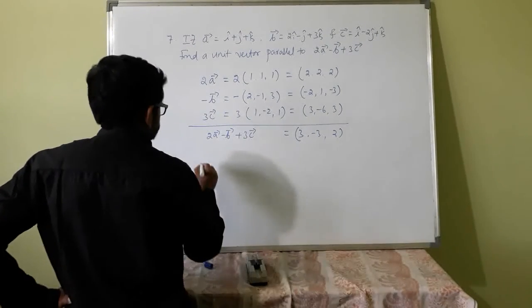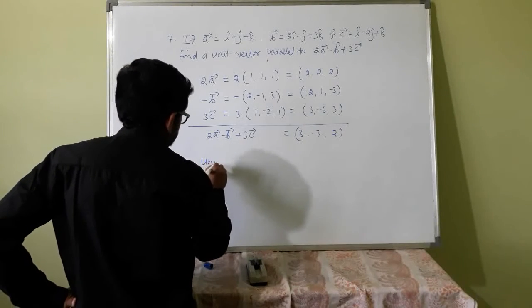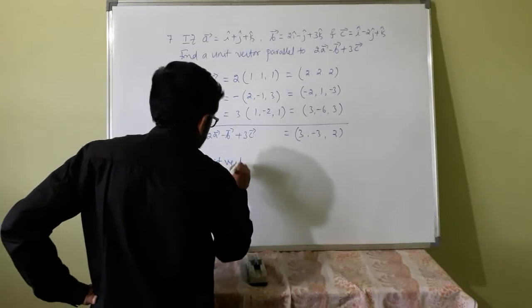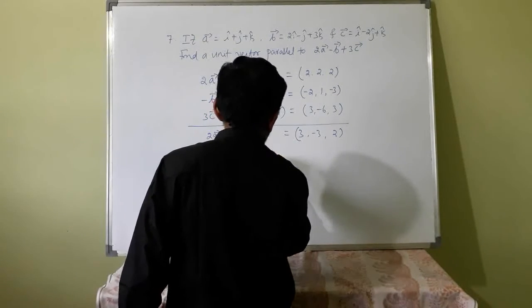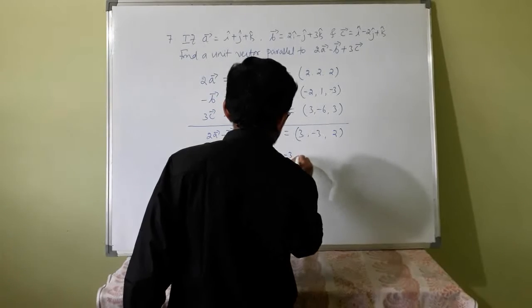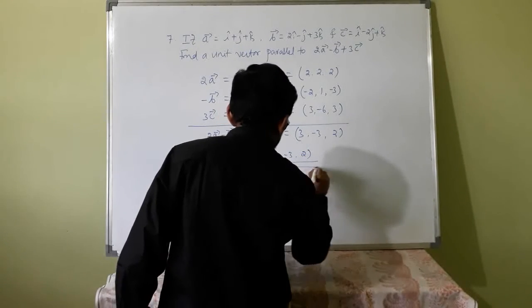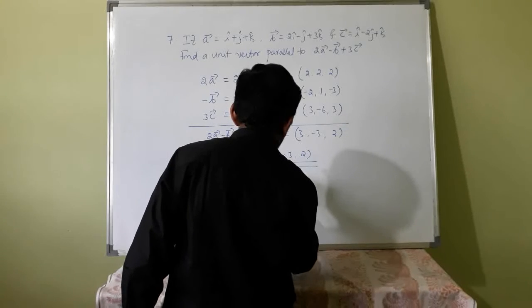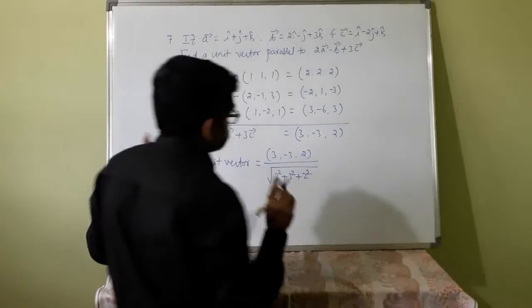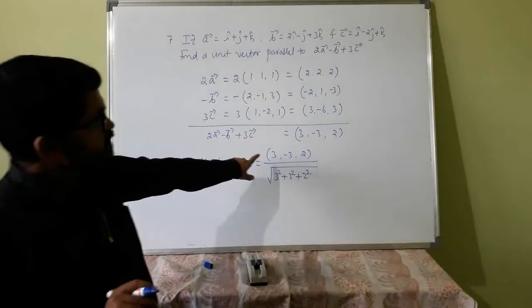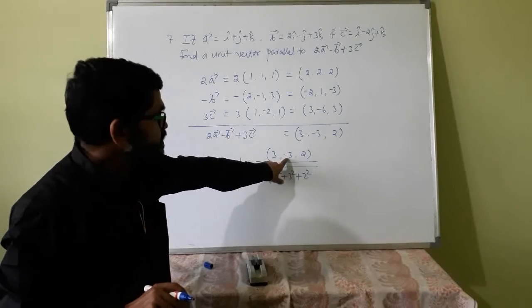The unit vector is 3i minus 3j plus 2k divided by the square root of 3 squared plus 3 squared plus 2 squared. Once again, this is the vector 3i minus 3j plus 2k.